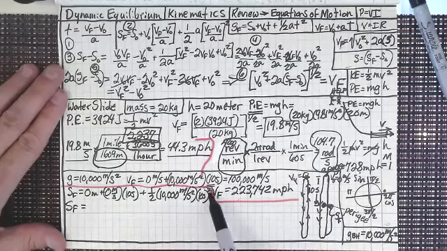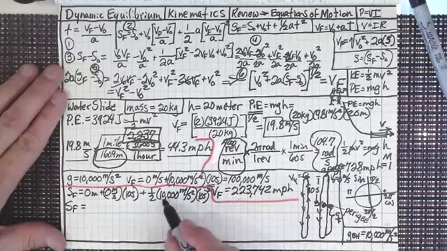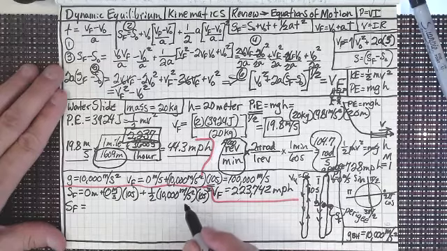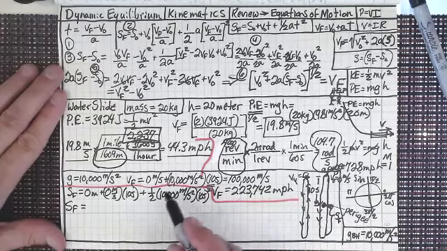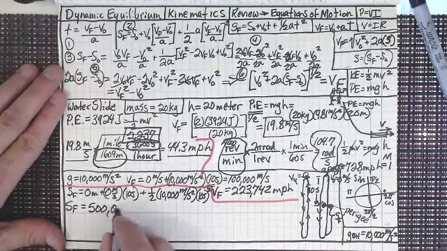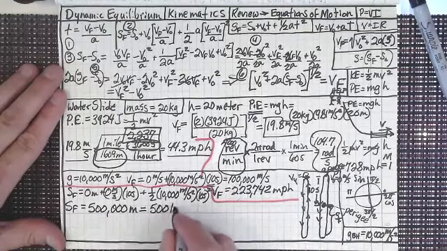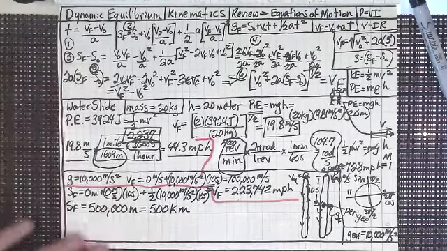Of course, 10 seconds squared is 100. 100 times 10,000 is 1,000,000. So 1,000,000 divided by 2 is 500,000 meters. Remember, it's meters, not kilometers. So that's only 500 kilometers.